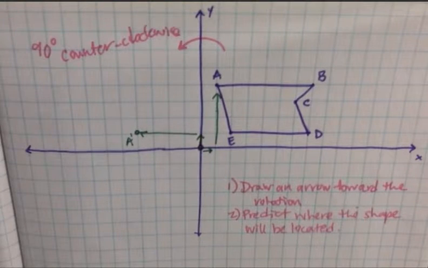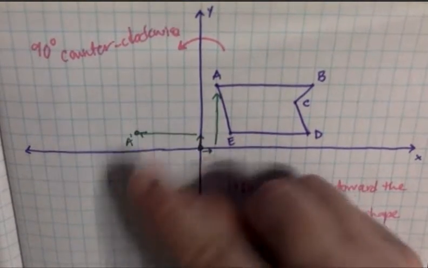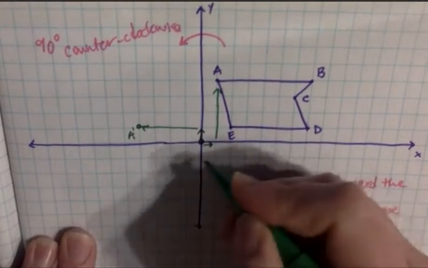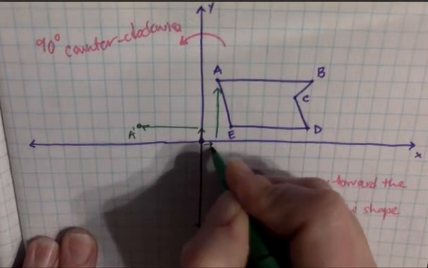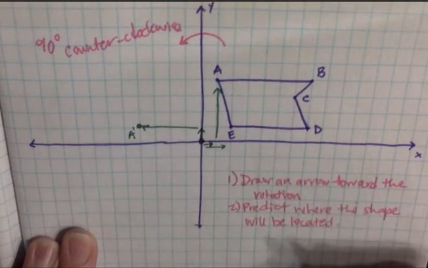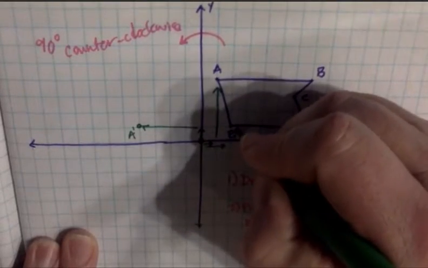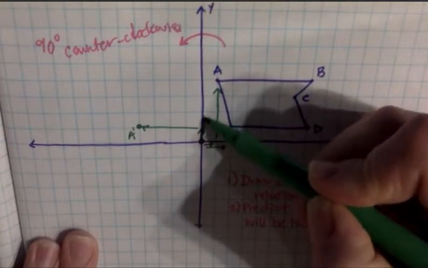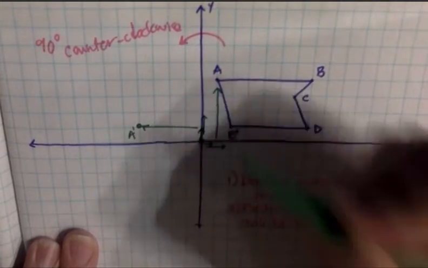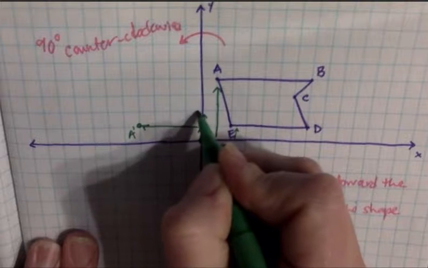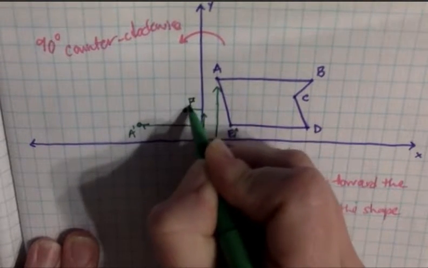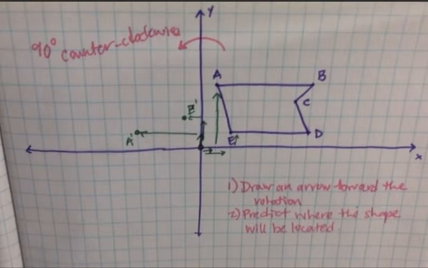Now let's understand what that looks like for point E, for example, because it's pretty close to here. This time I'm going to go over 2 units to the right and up 1 unit. That means I'm going to go up 2 units and then over 1 unit to the left to find my E prime point.